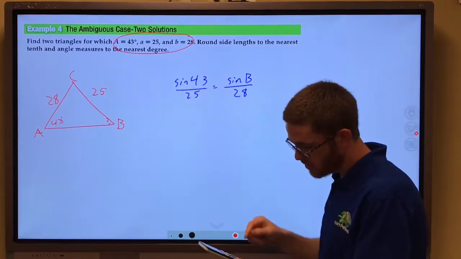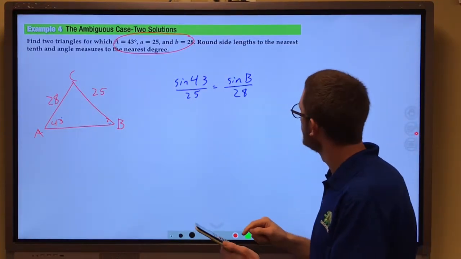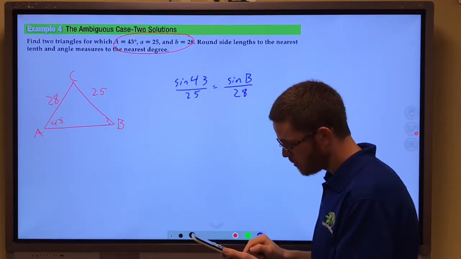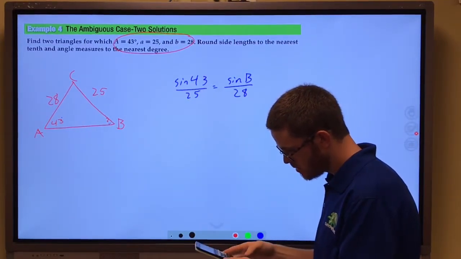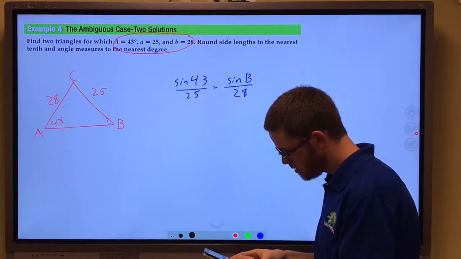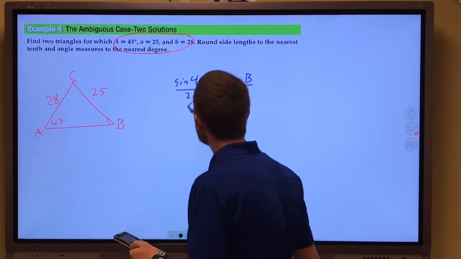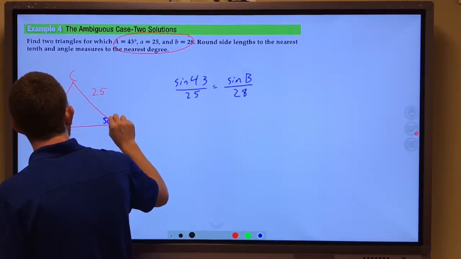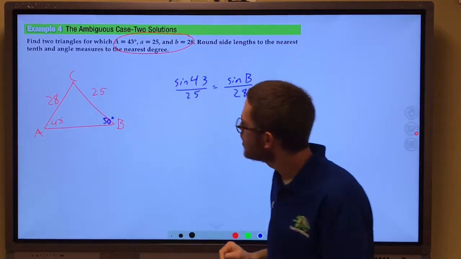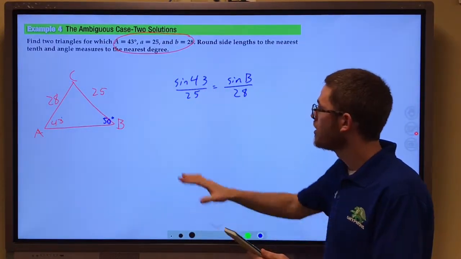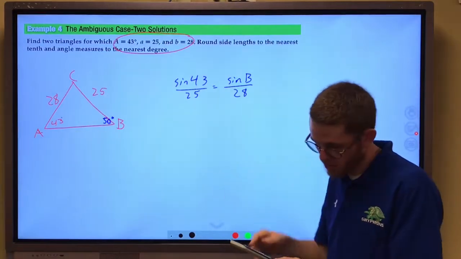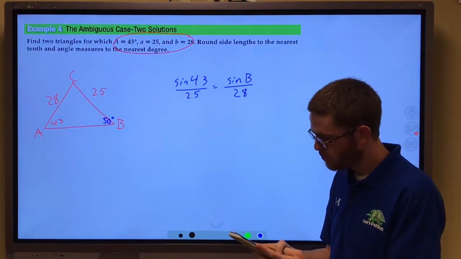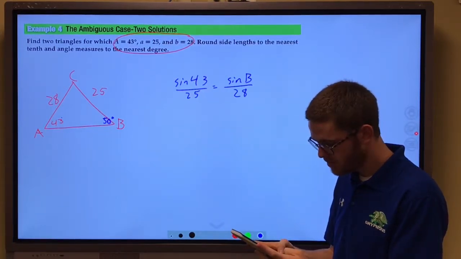So if I work this out, 28 sine of 43 over 25, it wants me to round to the nearest degree. B would be about 50 degrees. And well, we can keep playing this triangle out right here because we got that 50-degree angle. We subtract those from 180.